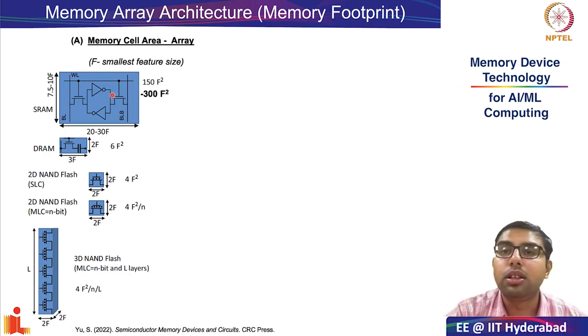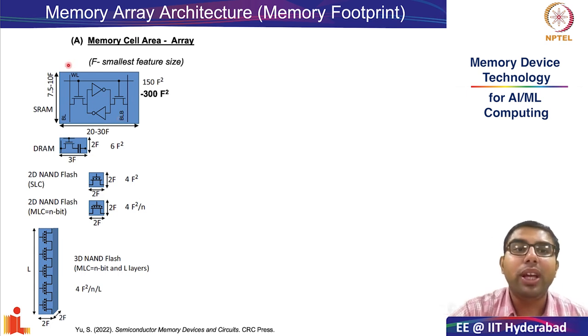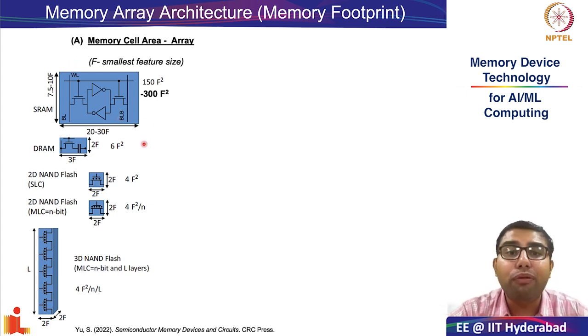This is because a single SRAM cell packs in 6 transistors. The multiplication of height and width gives roughly 150 to 300 f squared. This is the case for SRAM.